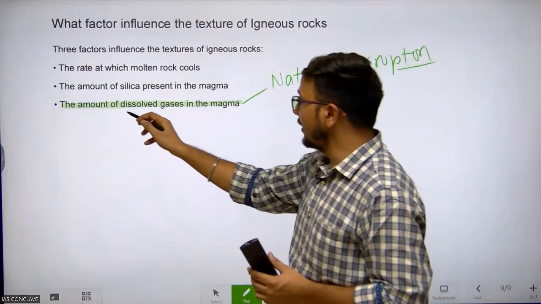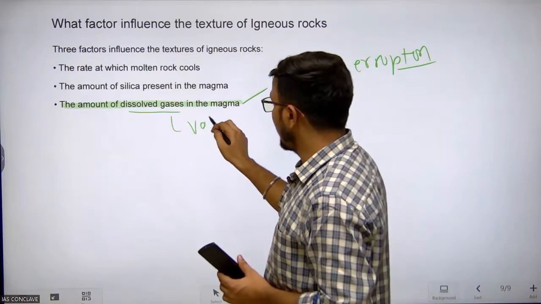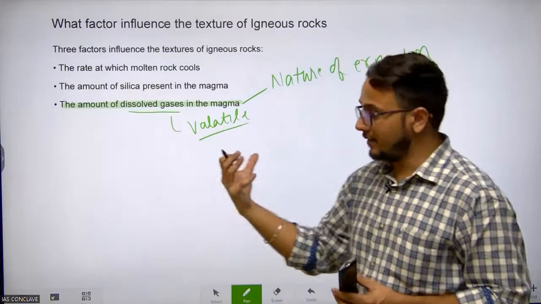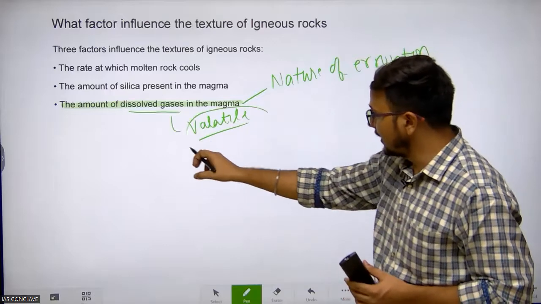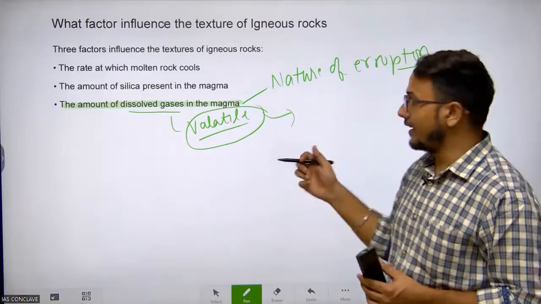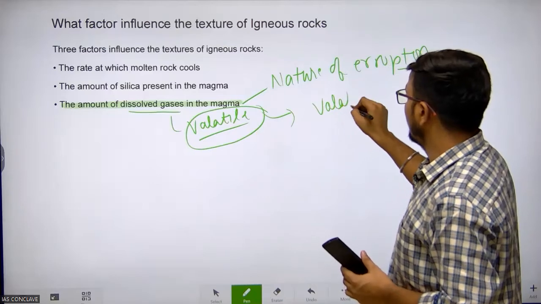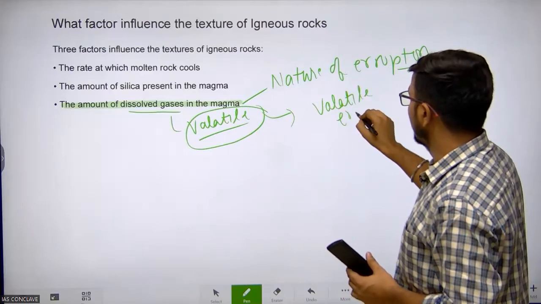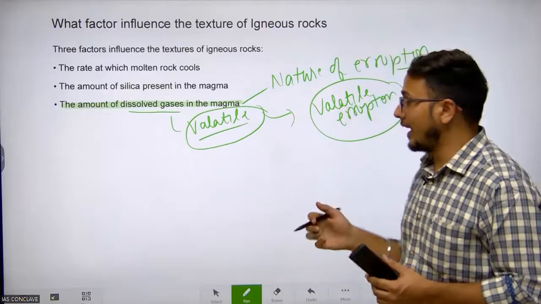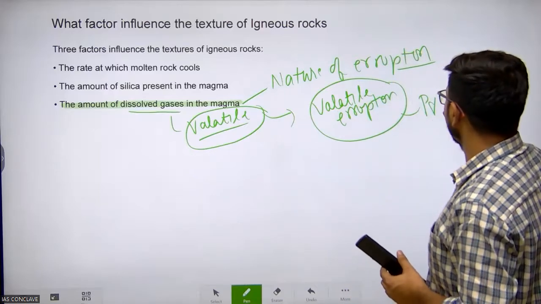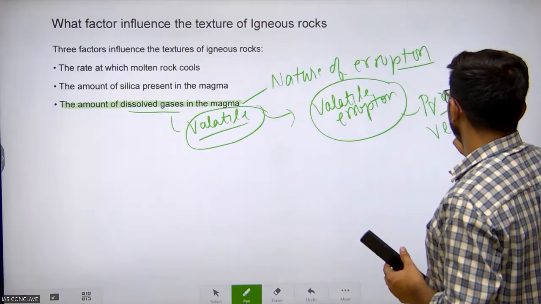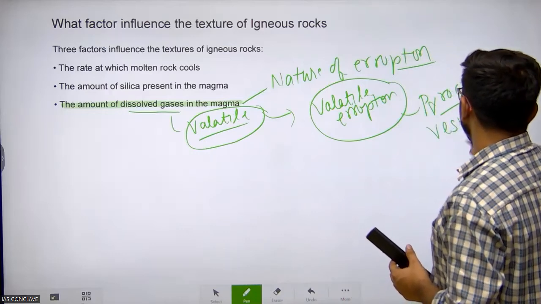If it has a high dissolved gas content, it means high volatiles like water vapor, CO2, SO2 and other gases. If it has very high volatiles, its eruption is going to be a very volatile eruption. If very volatile eruptions, the rock textures would be like pyroclastic texture and vesicular texture.